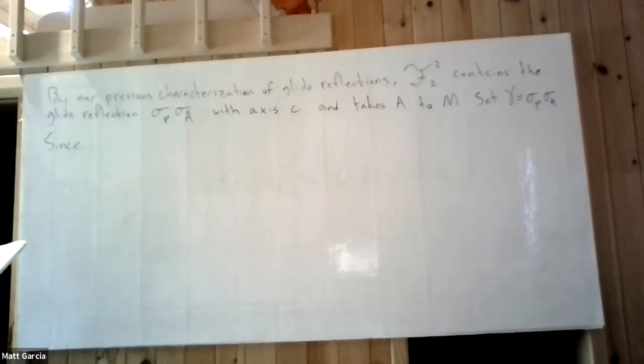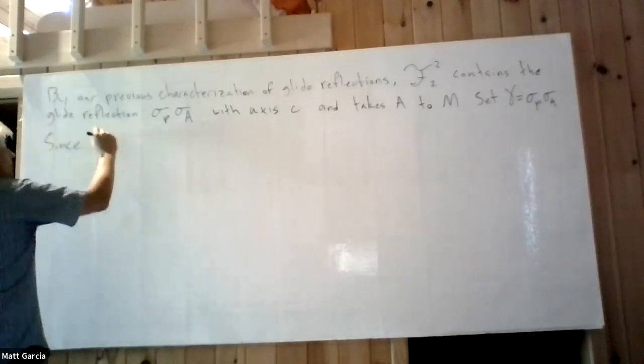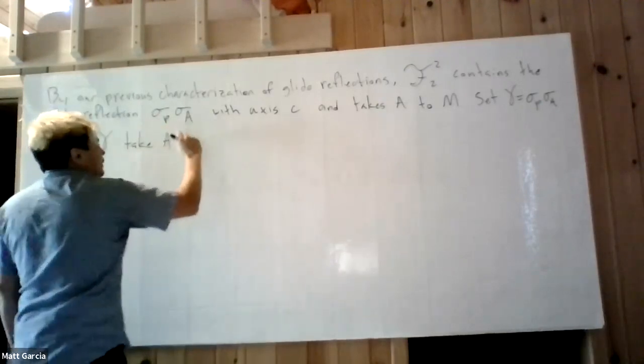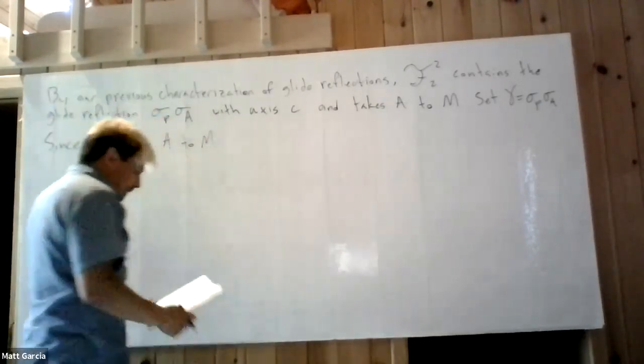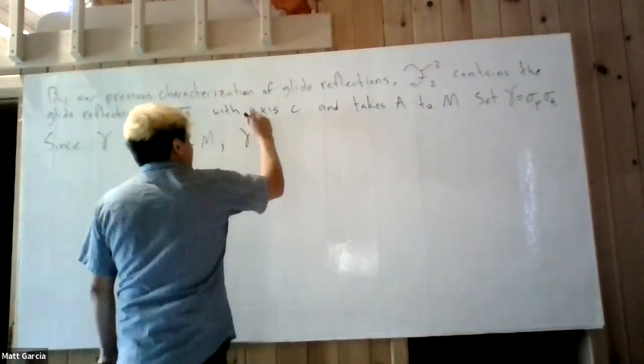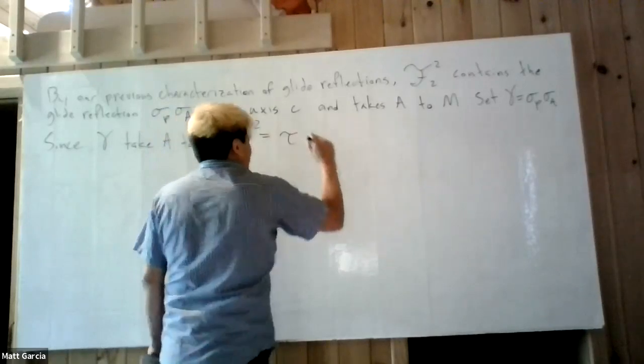Okay. So recall more facts about glide reflections. Since gamma takes A to M, what does that tell us? Well, it tells us that gamma squared is equal to tau, right?